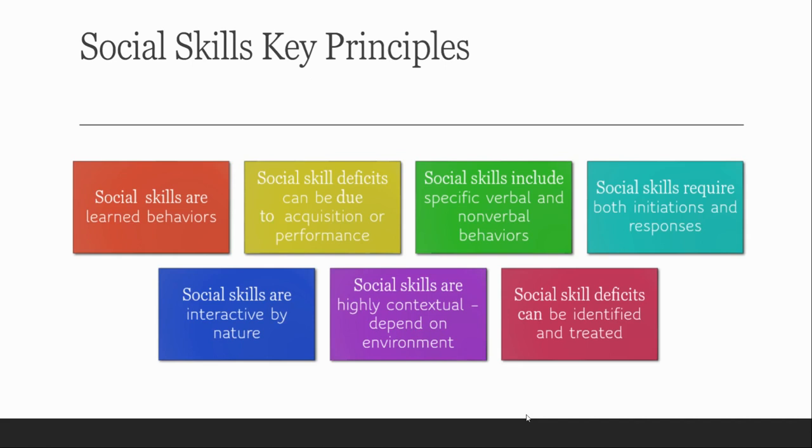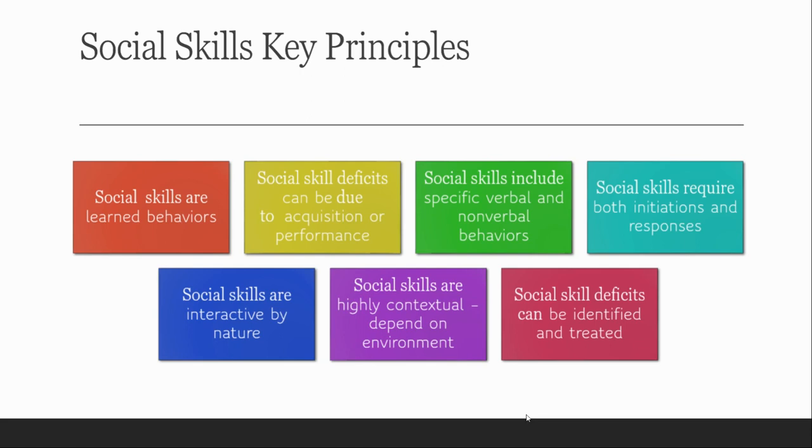So there are several key principles associated with the use of social skills as an intervention. Some of those principles are that social skills are learned behaviors. Another principle is that social skill deficits can be due to acquisition or performance deficits. Social skills include specific verbal and nonverbal behaviors.